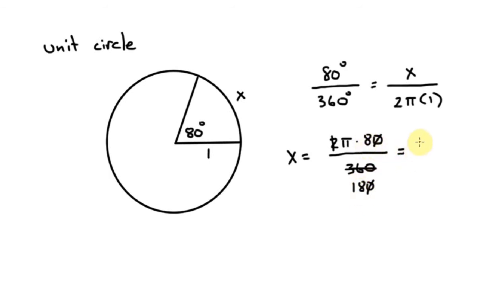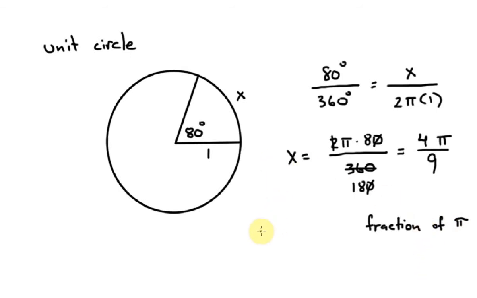Well, I can divide each of those by 2, so that would be 4 over 9. And don't forget, you still have the pi up here. So there is the length of x left as an exact number, or this is often referred to as a fraction of pi. It's kind of like saying a piece of pie. It is a fraction of pi.